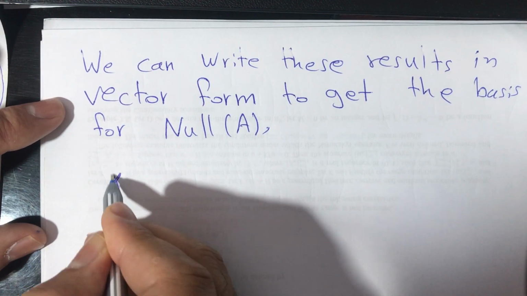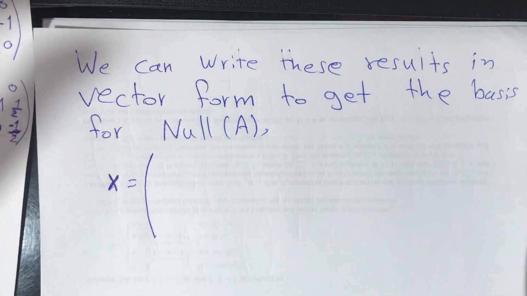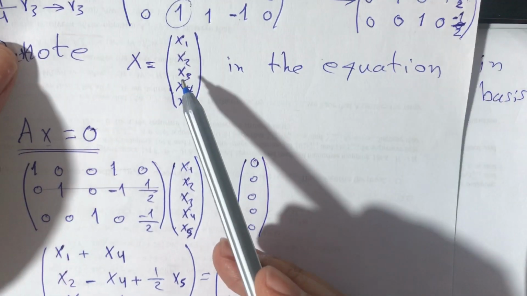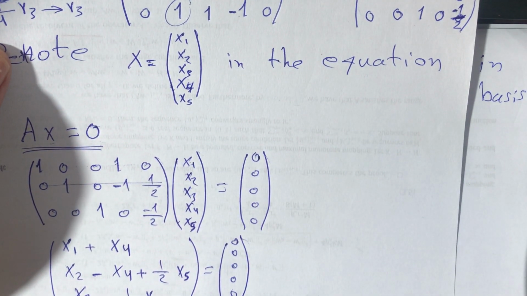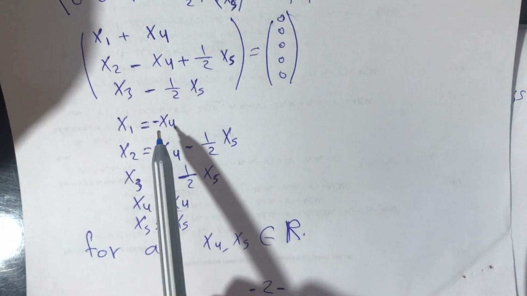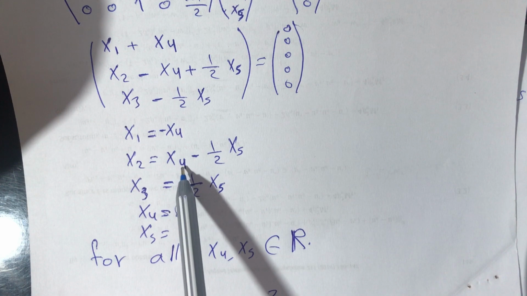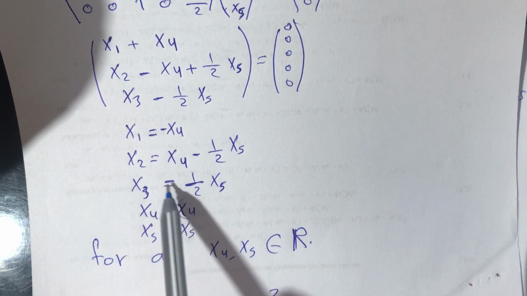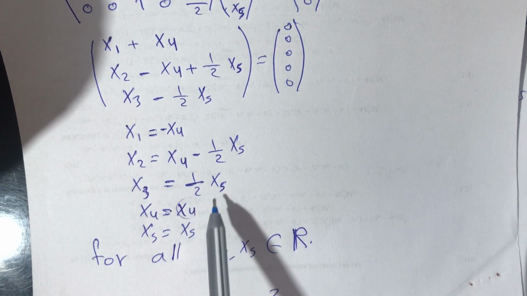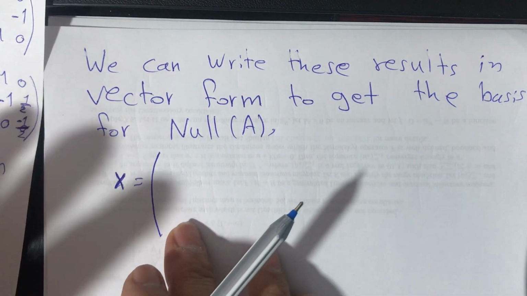We get x is equal to x. We suppose that x is equal to x1, x2, x3, x4, x5, and x1 is equal to minus x4 here, and x2 is equal to x4 minus 1/2 x5, and x3 is equal to 1/2 x5, and this is x4, x5, and substitute here.